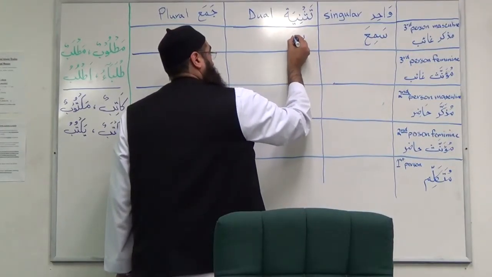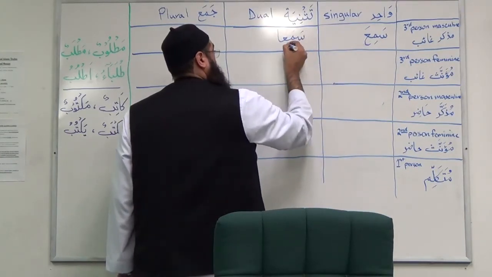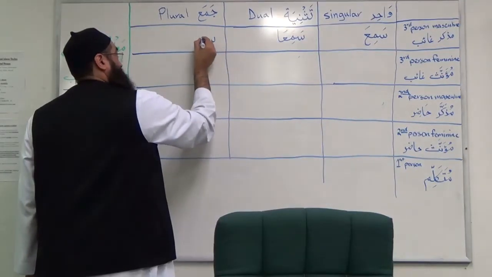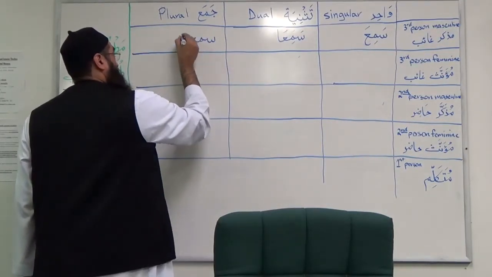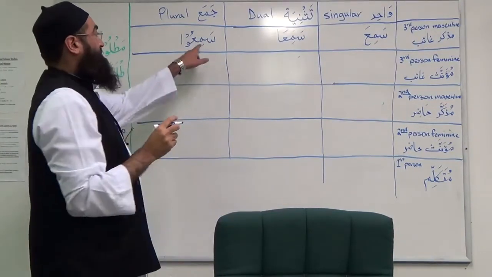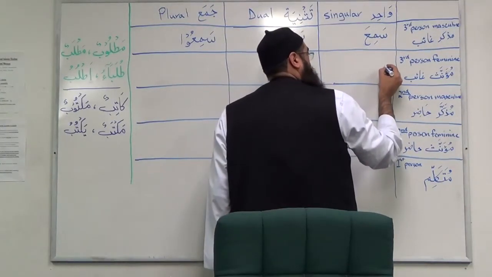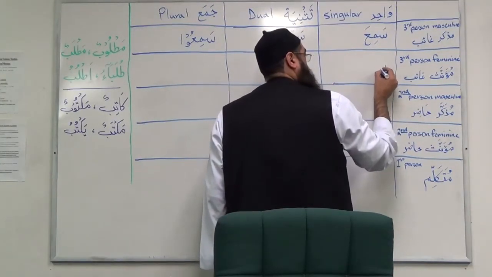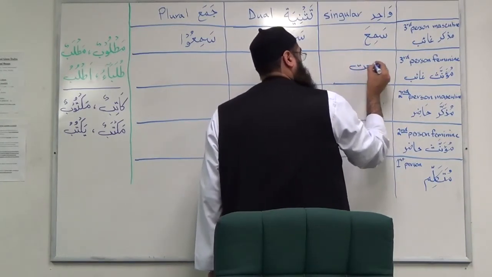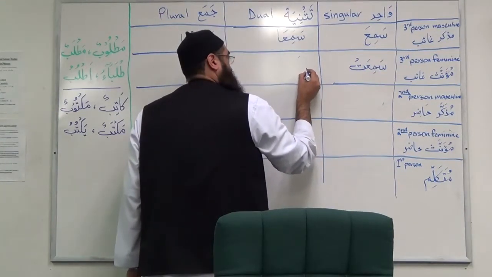Sami'a. Sami'u, with a kasra on the ayn. Sami'at, that one lady heard. Sami'ata, those two ladies.